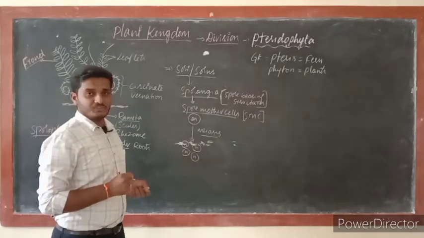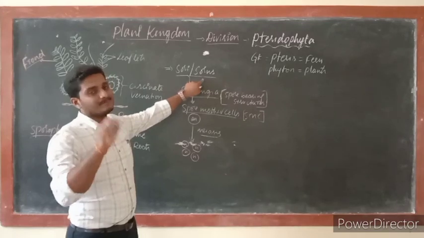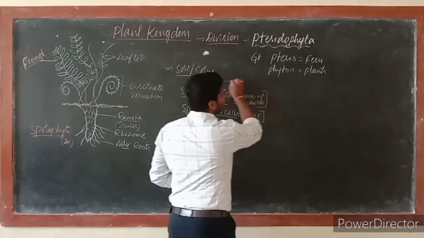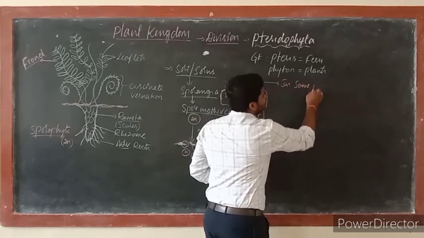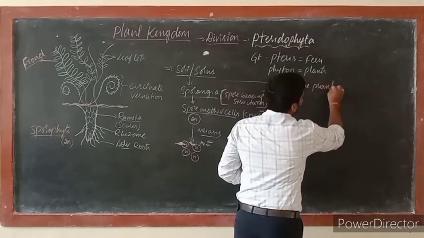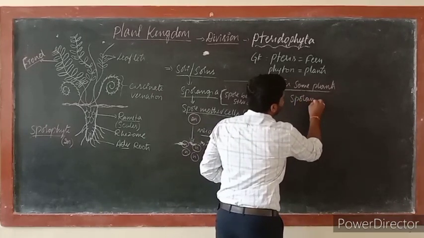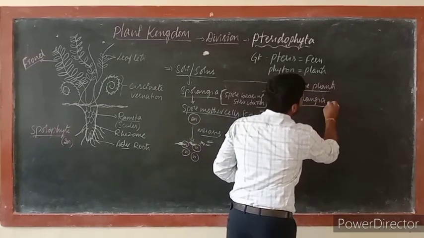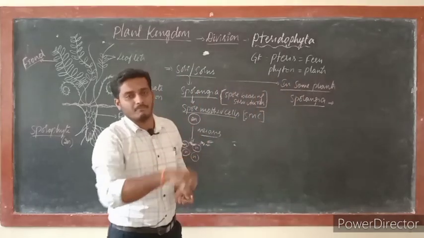Yes, in this condition, when we think of sori and sorus, in some plants the sporangia form an aggregation, a compact mass.